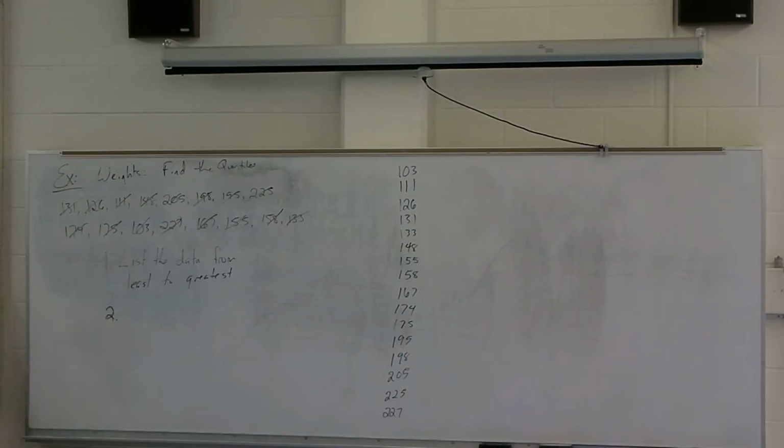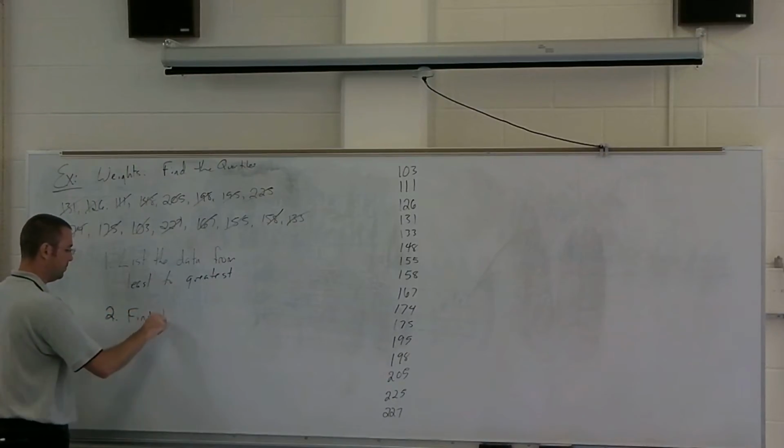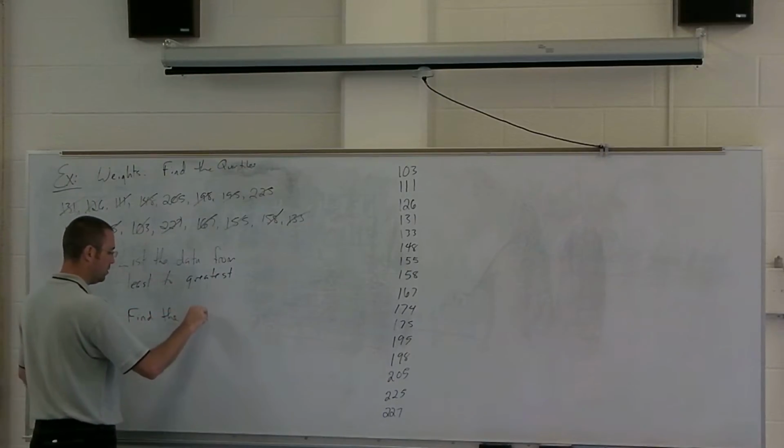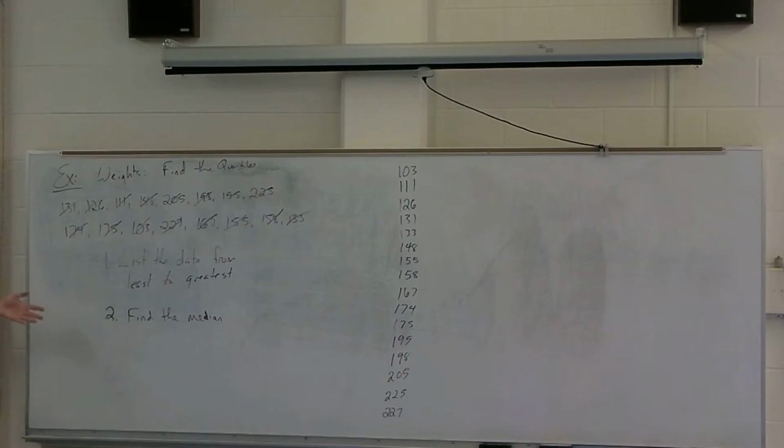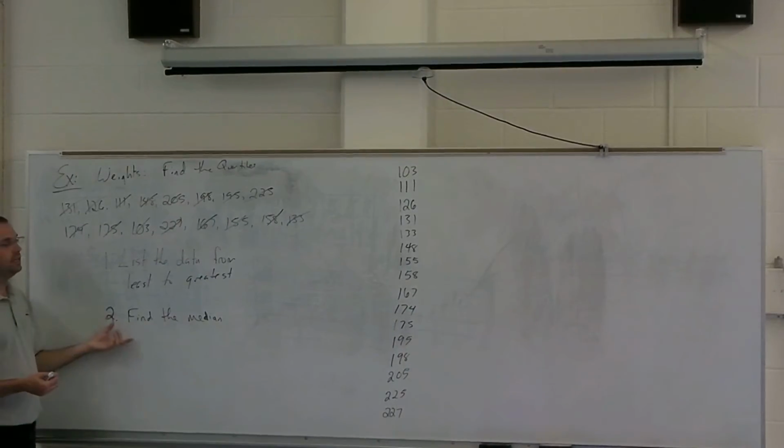Typically what happens next is we find the median. Why do we find the median next? Because remember, the median is the value that splits the data into half, half above, half below. Oftentimes it's the easiest one to find after we list our data.